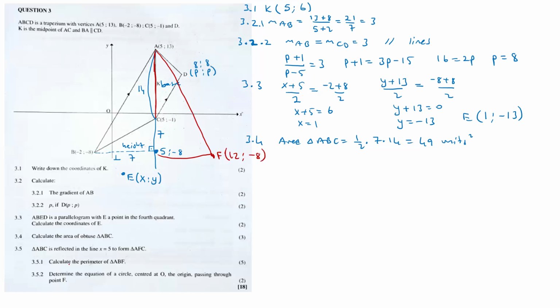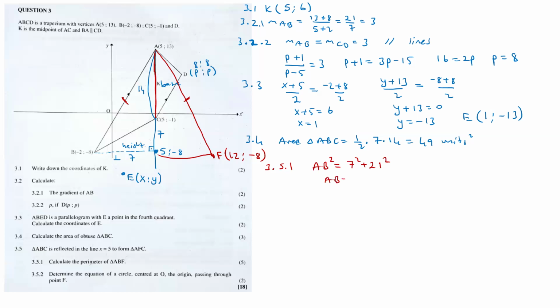So the question is, calculate the perimeter of ABF. So I need this side here, AB, AF, and BF. 3.5.1. So we can find AB first. AB squared is equal to 7 squared plus 21 squared.